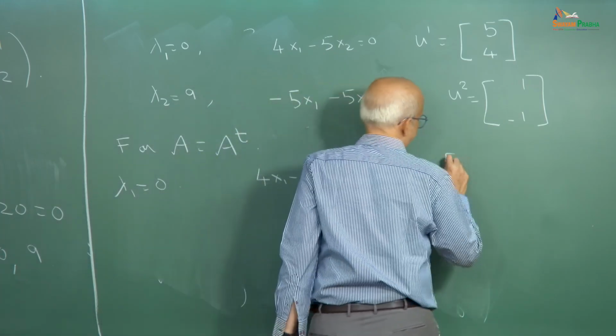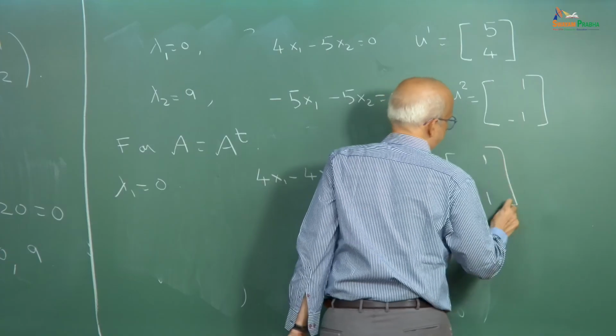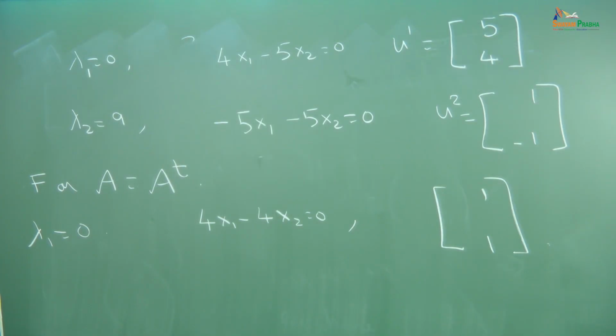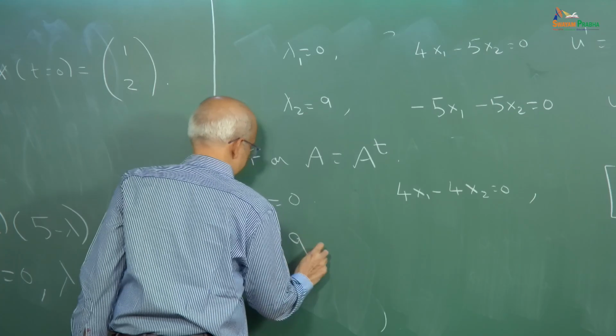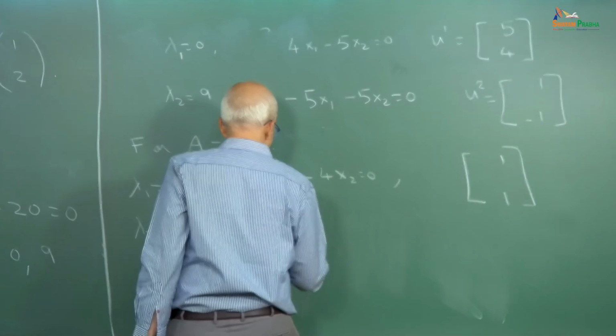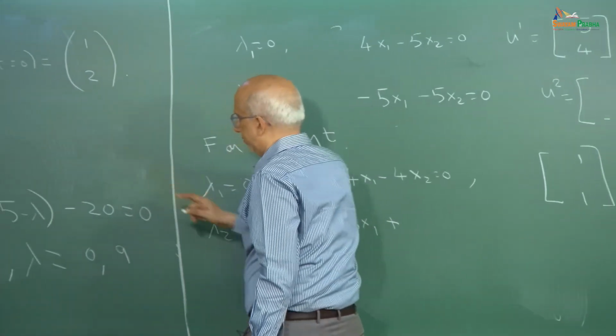So, I have 1 1 as the eigenvector, and corresponding to lambda equal to 9, minus 5 x1, you know, do the transpose, okay.